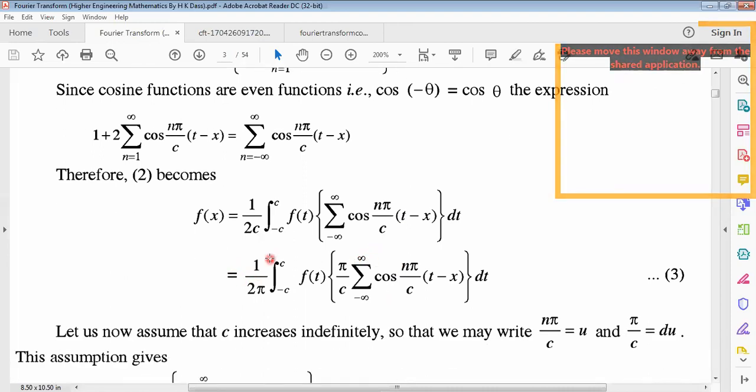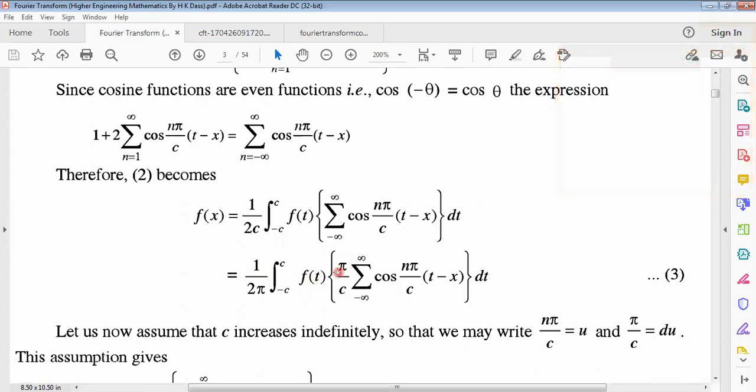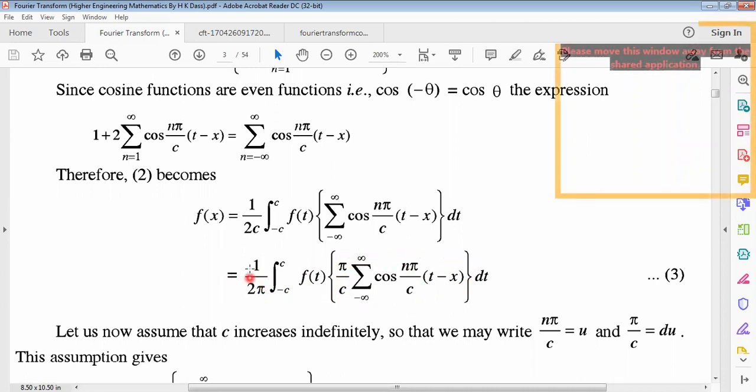So this can be written as 1 by twice pi, integral from minus c to c of f of t, this pi and this pi also cancelled. You remember it, we are just arranging a series. Okay, 1 by twice pi, integral from minus c to c of f of t, pi by c summation from minus infinity to plus infinity of cos n pi by c (t minus x). Okay, and this is equation number 3.